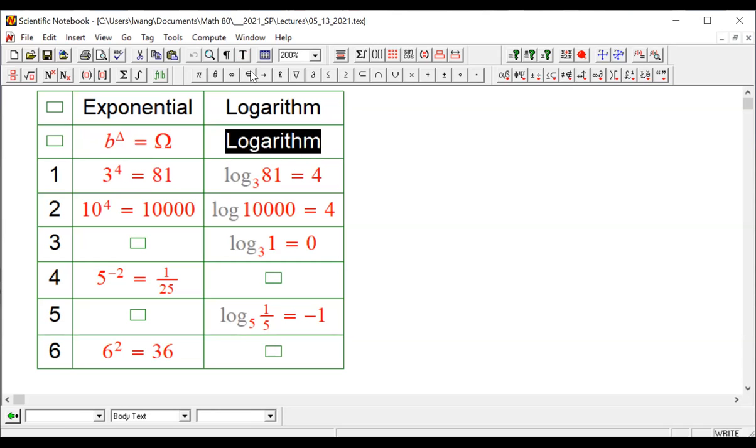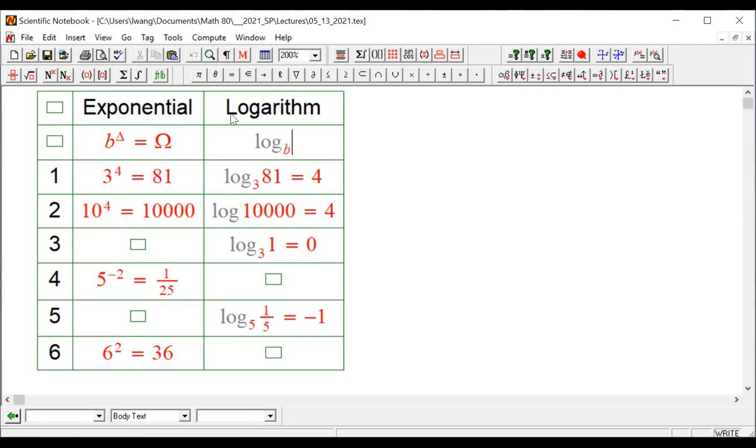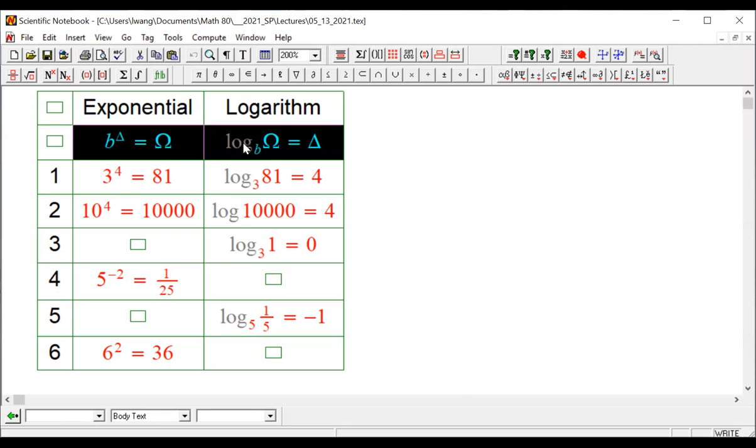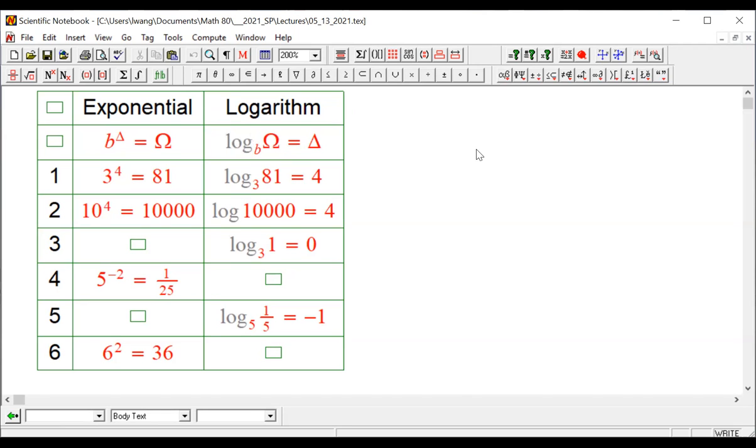The logarithm form, however, is going to be the logarithm base b of omega, which equals triangle. And these two are equivalent.